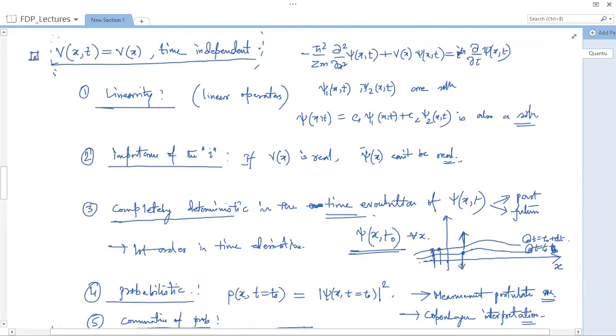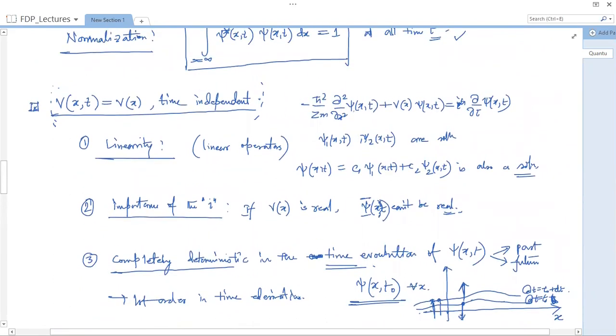Psi of x comma t cannot be real, because if psi of x, t is real, then the left hand side itself is purely real, and the right hand side is purely imaginary. Because psi of x, t is real, the time derivative will give you another real function, and you are multiplying it by an imaginary number. So the right side will be purely imaginary and the left side purely real.